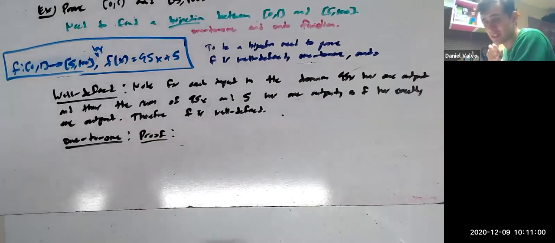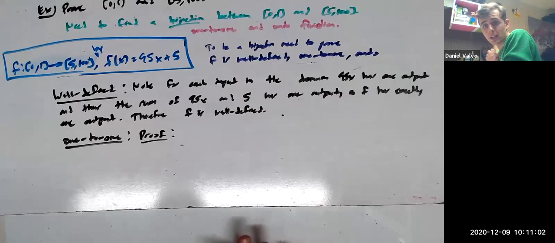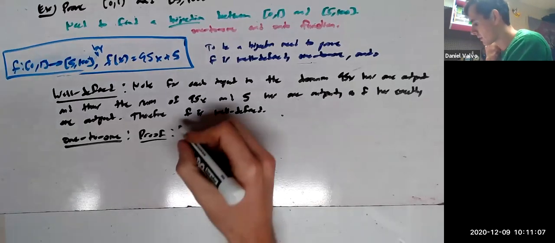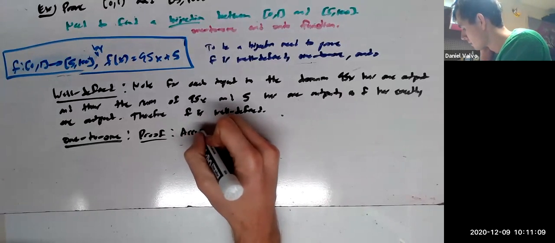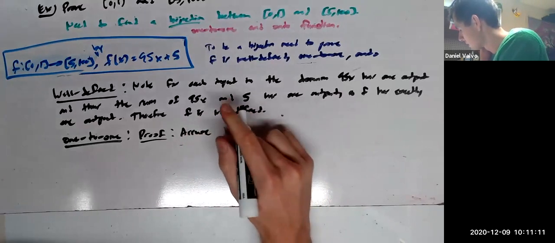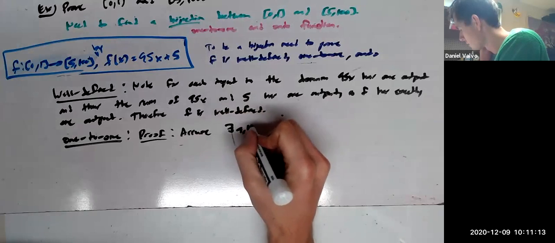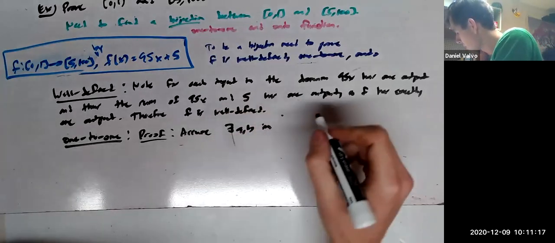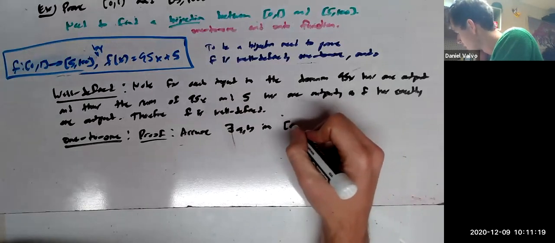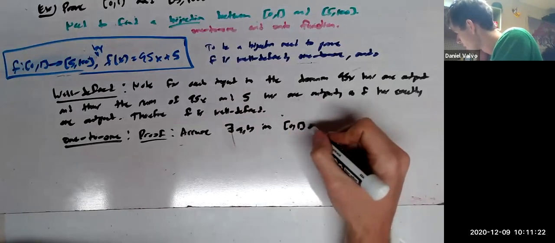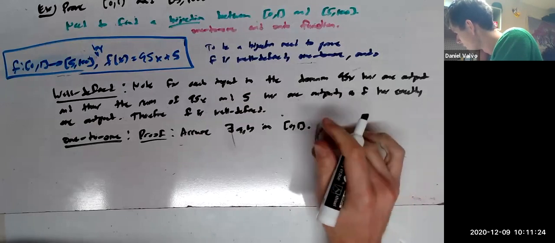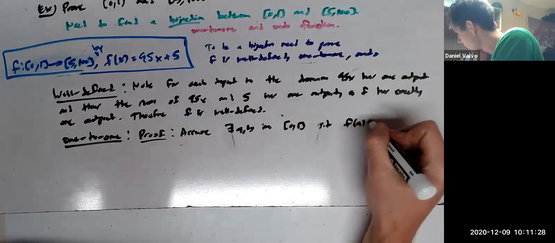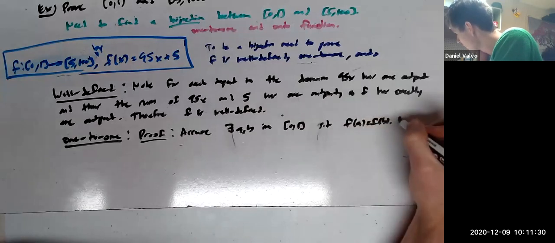It goes like this. We always do the same thing. We assume there are two elements in the domain such that f of a equals f of b, and then prove a must equal b. Assume there exist a and b in the domain, which is [0, 1], such that f of a equals f of b.